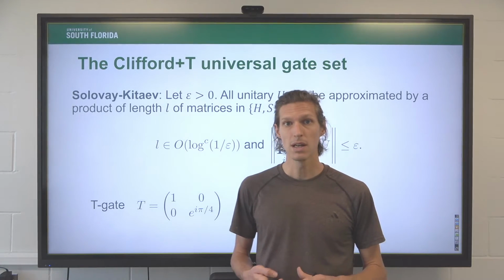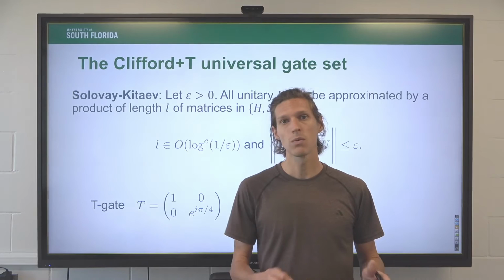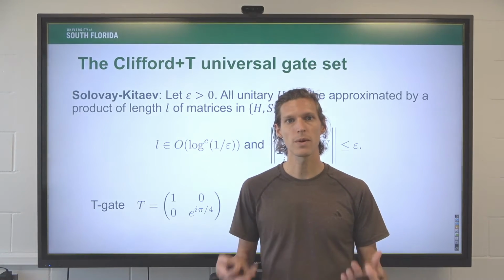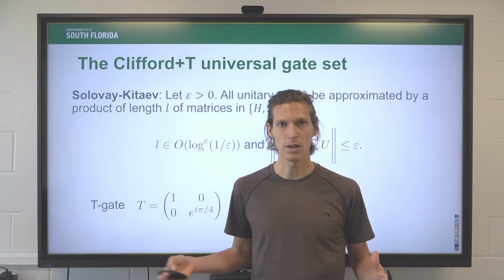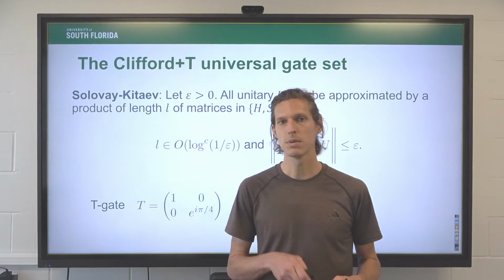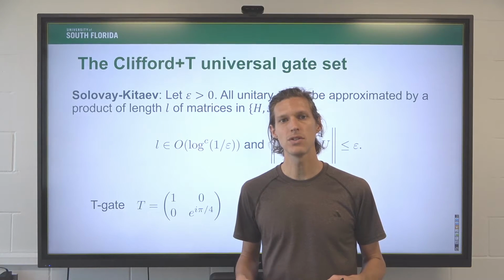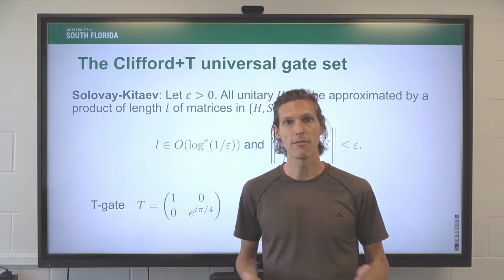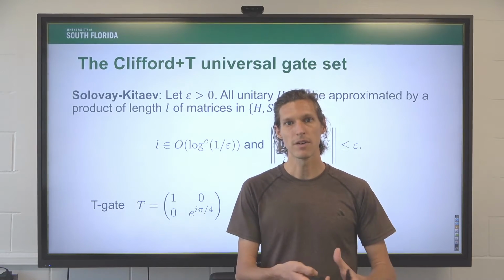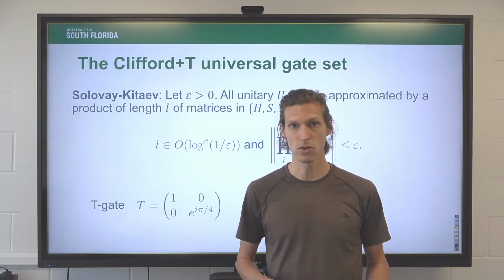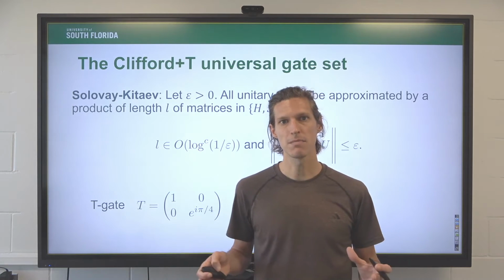So here's the thing: with classical circuits, we can work, for example, with only the NAND gate and recreate any arbitrary algorithm. It turns out here the situation is a little bit more complicated because we're looking at unitary matrices, and you cannot just generate every unitary matrix out of a small set of matrices. But the next best thing you can do is approximate them.